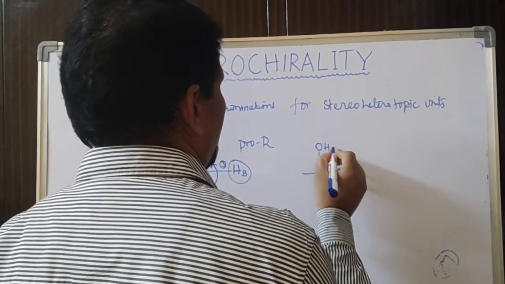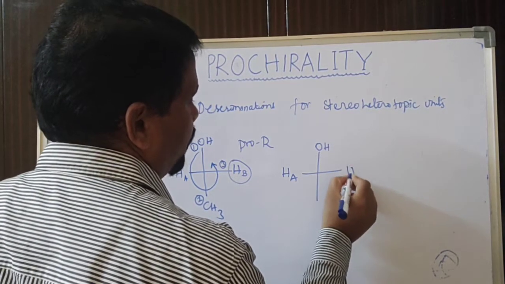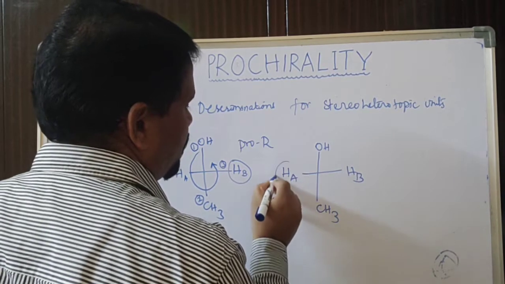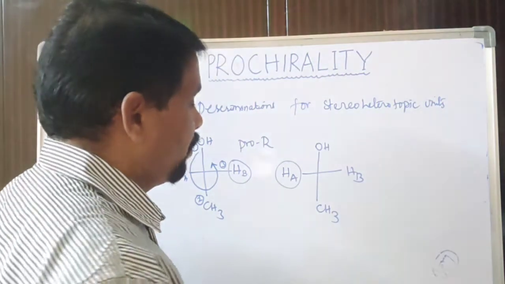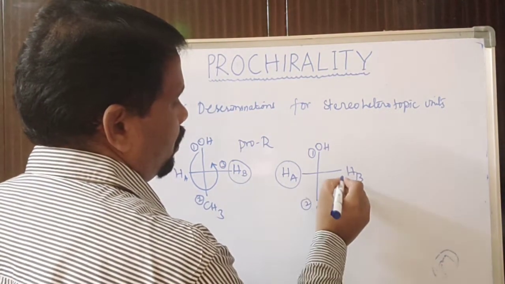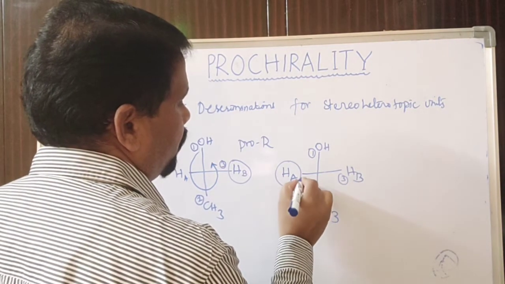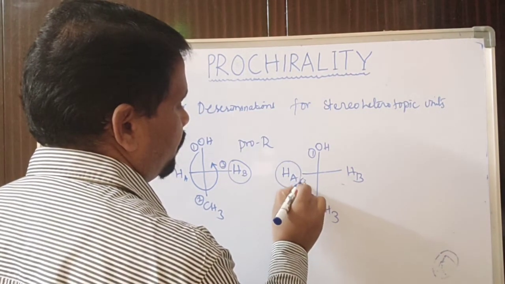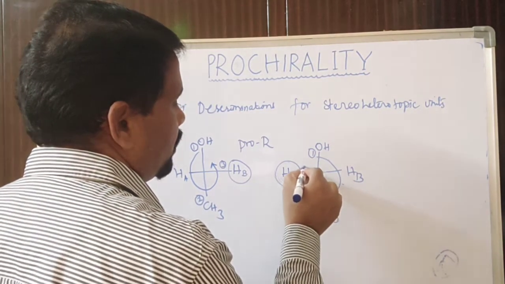OH, HA, HB and CH3. For this stereo heterotopic unit, we find priorities 1, 2, 3. So what is the connection, like this?